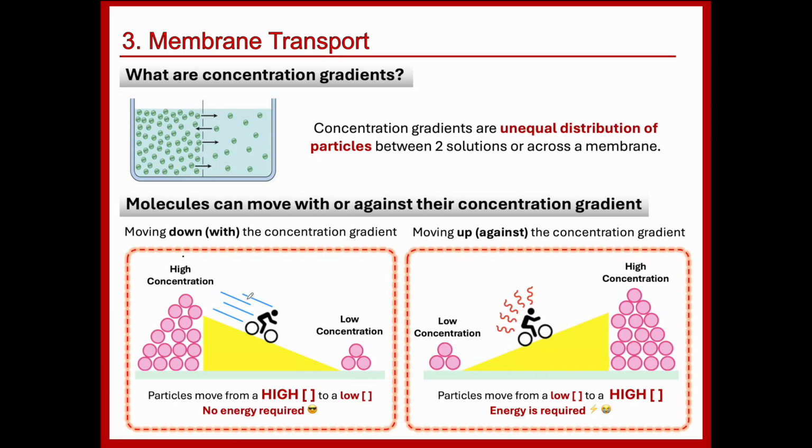Okay, now molecules can move with or against their concentration gradient. So on the left here is the most likely scenario. Molecules actually want to move down with their gradient. I forgot to explain to you what the word gradient means. Sometimes we think of les cheveux gradés.